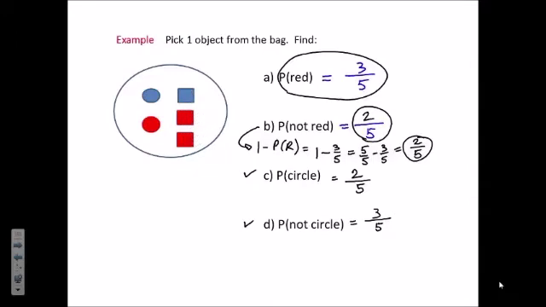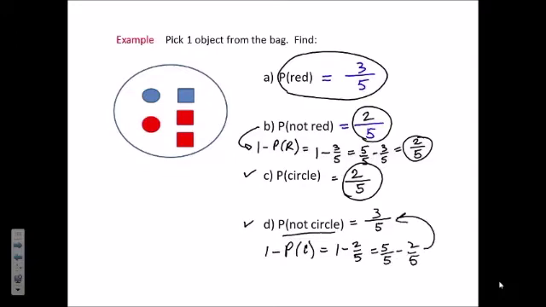The not rule says the probability of not circle is 1 minus the probability of circle. 1 minus the probability of circle was 2/5. So that's 5/5 minus 2/5. Well, that's going to equal again 3/5.